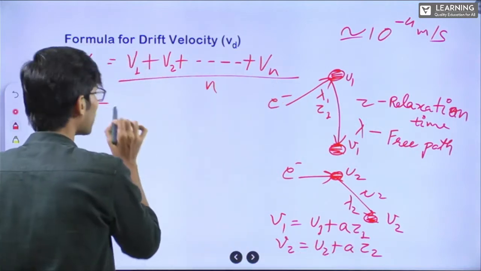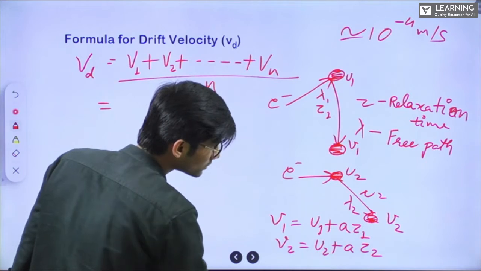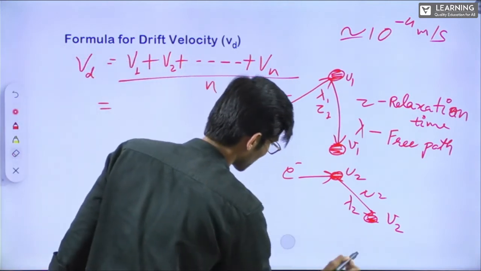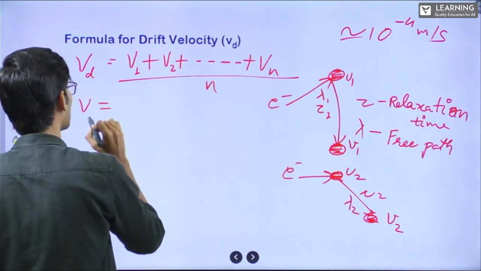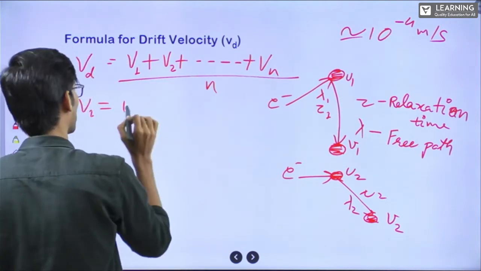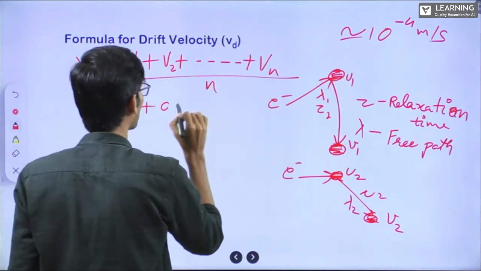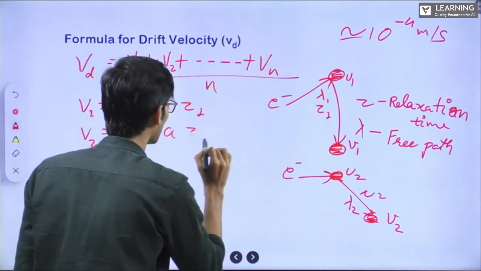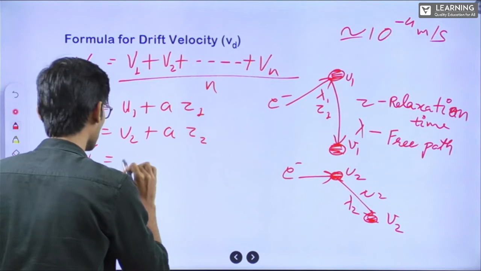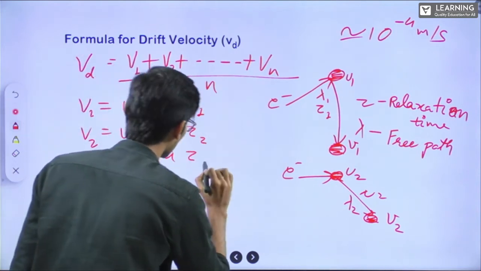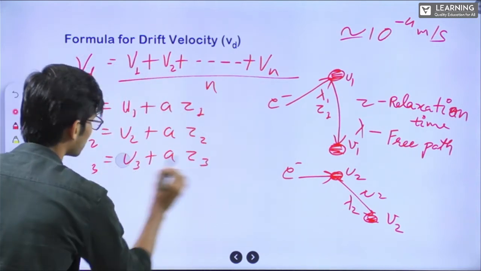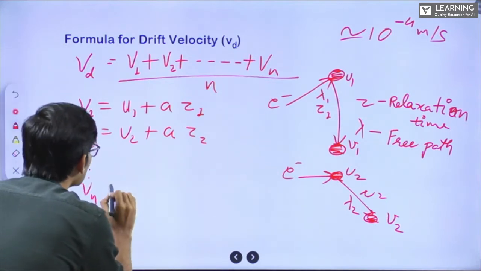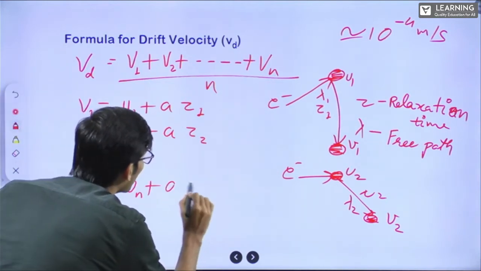Now let me write here only. V1 is equal to U1 plus A tau 1. V2 is equal to U2 plus A tau 2. V3 is equal to U3 plus A tau 3. Like this. Vn is equal to Un plus A tau n.